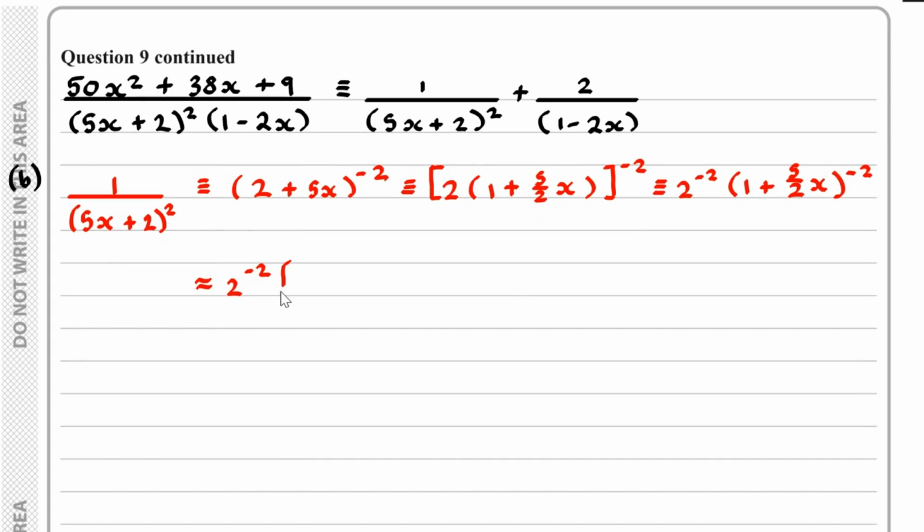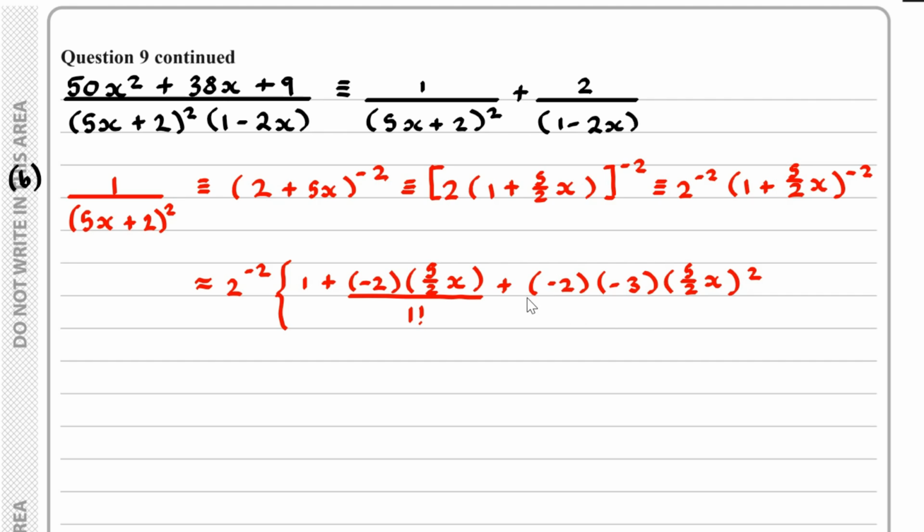So what we have is 1 plus negative 2 multiplied by 5 over 2x over 1 factorial plus negative 2 lots of negative 3 lots of 5 over 2x squared over 2 factorial.